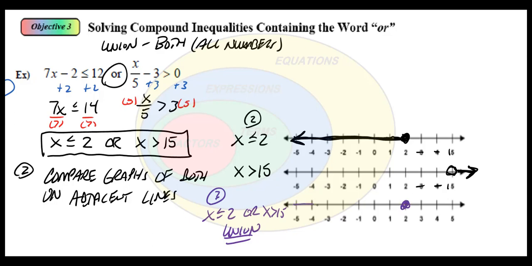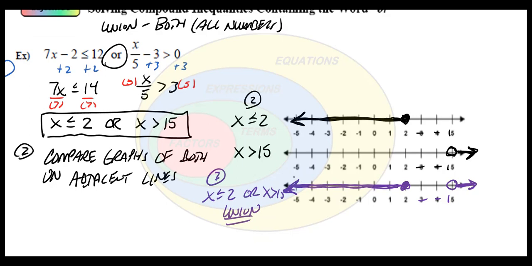So this is part of our solution. And then we also want to include everything greater than 15. Okay, so this would actually be a graph of our solution. It would be both of those lines, both of those arrows, right, on one number line. And this is actually a graph of our solution.